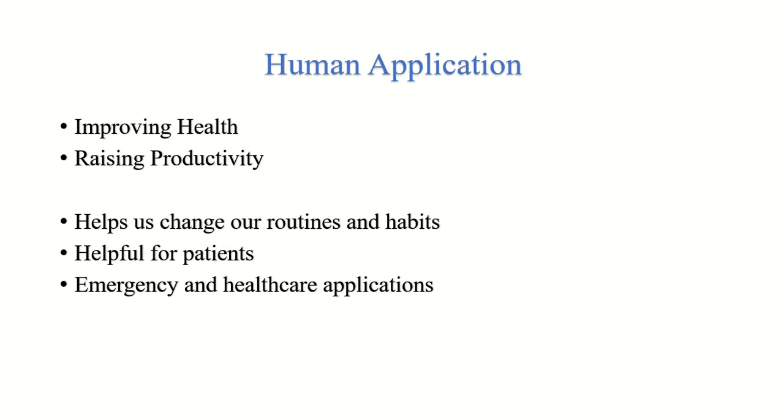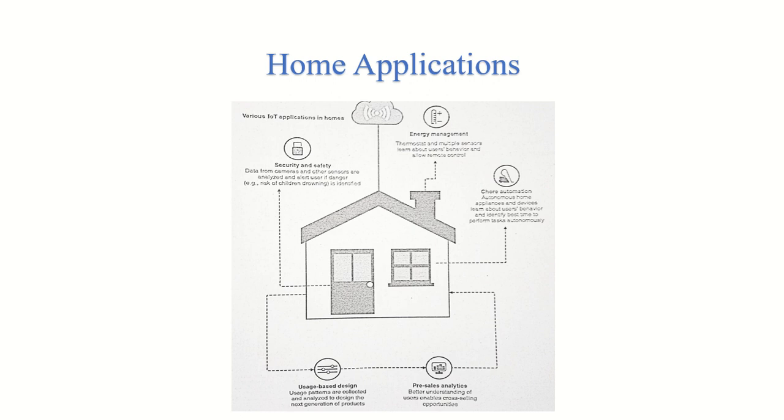Then we have the home applications, and I will probably go a little bit faster from here because we don't have the whole day. The video will be too long if I go at the same speed. So IoT applications relating to the operations of homes, such as energy management, security, automation, and domestic chores, are all applications.